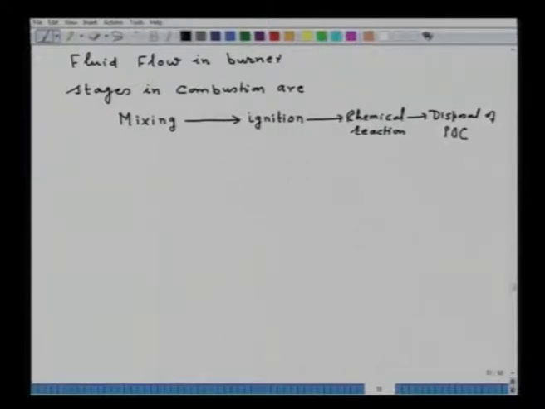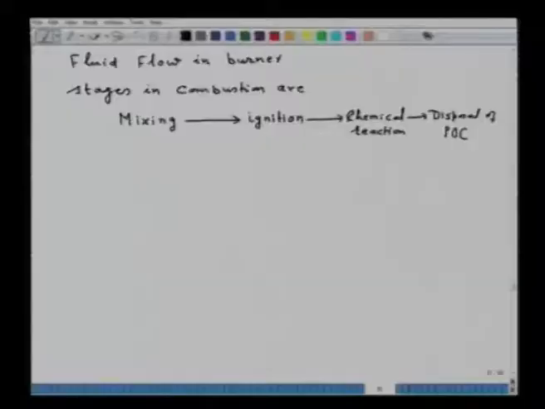Now, in these stages, ignition, chemical reaction and disposal are very fast steps, and the slowest step in case of combustion is the mixing. So you can write down that mixing is the slowest step in combustion, that is mixing of fuel and air in combustion.